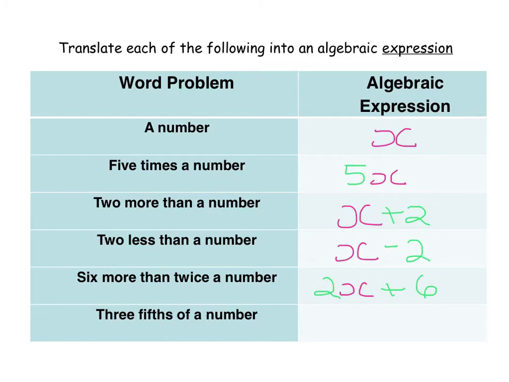Taking a proportion of a number implies multiplication. So it would be 3/5 x. This also can be written as 3x over 5, meaning that x would be multiplied by 3 and also then divided by 5 to find out what 3/5 of x is.